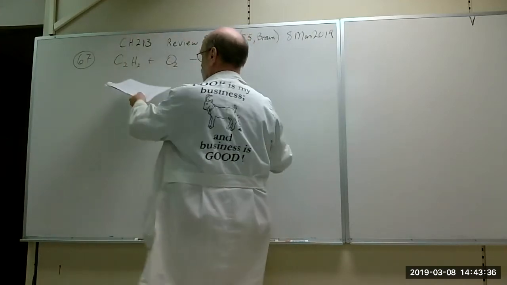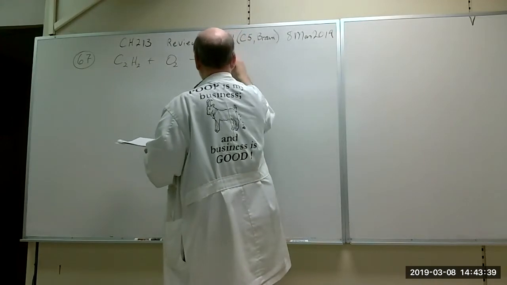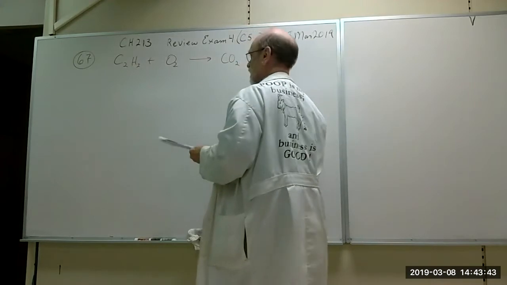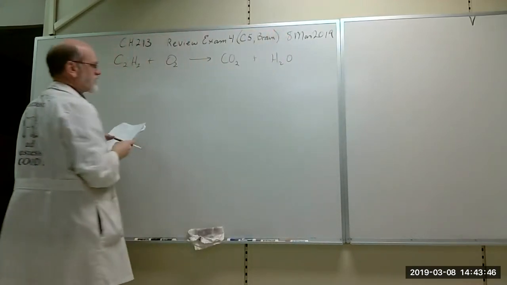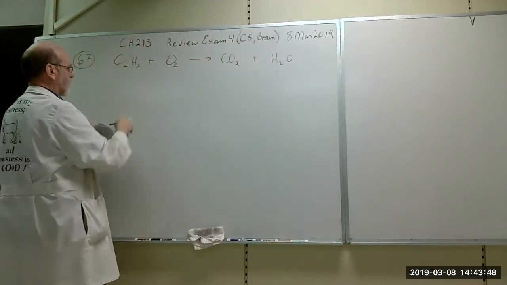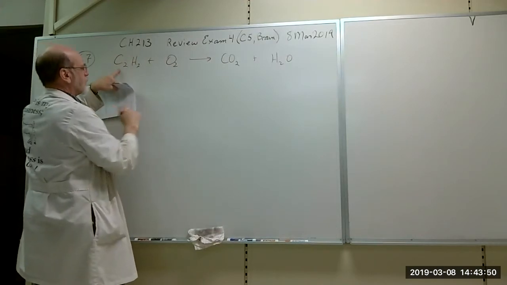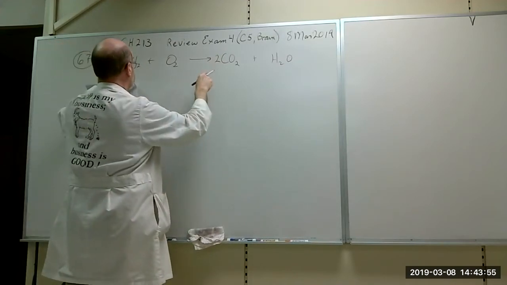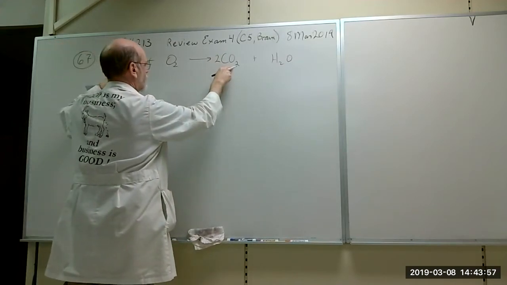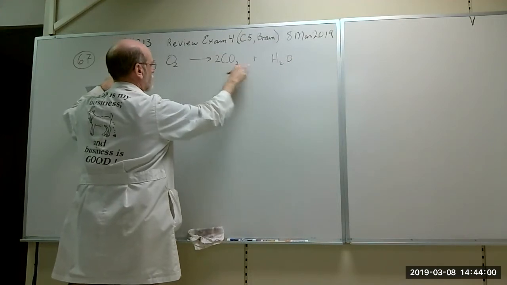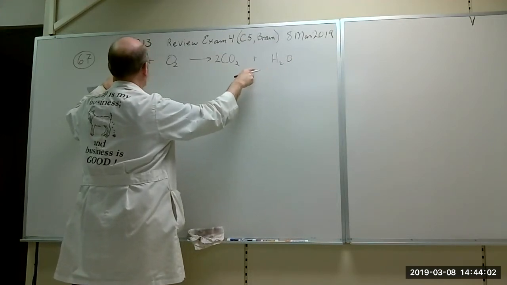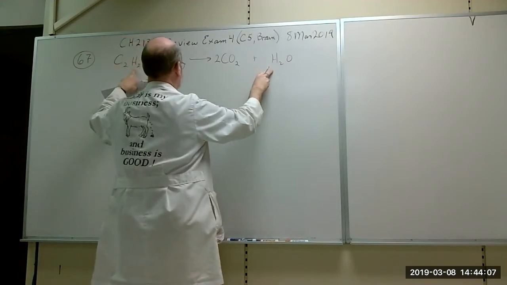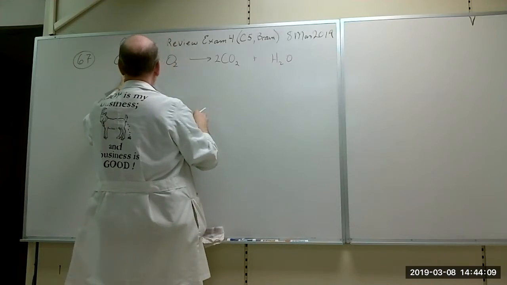So the products are going to be carbon dioxide and water. So we have to balance the equation. Let me see if I can do this without dragging it all out. Let's see, 2 carbons. Okay, that gives us 5 oxygens, 2 hydrogens. Oh, okay. So we got the 2 hydrogens.